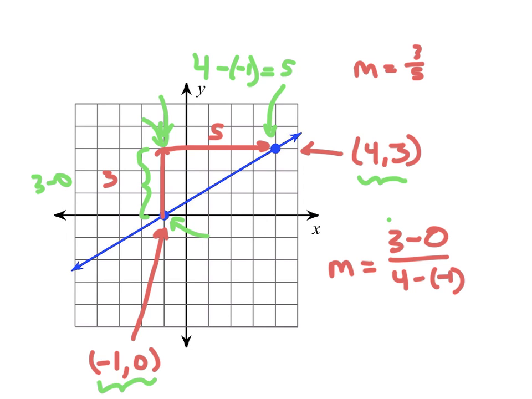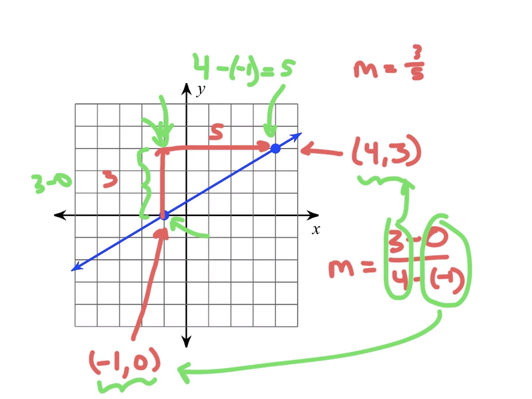Notice, both of these numbers came from this point, and both of these numbers came from this point. The y values were on top, and the x values were on bottom. And so, what we can do is we can generalize that, and we can make our slope formula. And then we won't need a picture anymore. Let me show you what I mean.